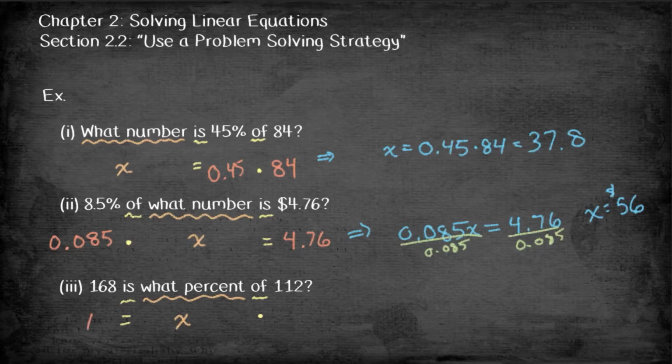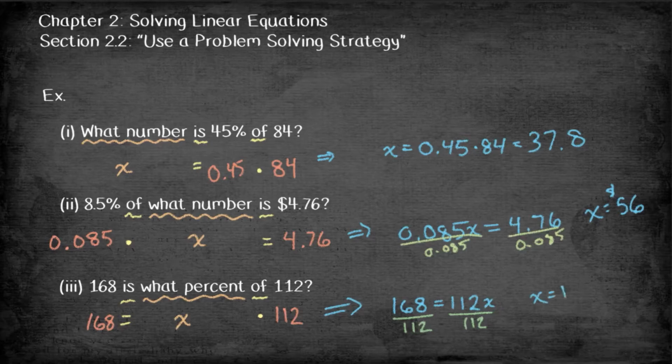And the other guys, it's pretty easy to place. 168 is, so 168 goes on the left-hand side of the equation. Of 112 means I'm multiplying x by 112, and so I get, divide by our coefficient, and we get that x is equal to 1.5.